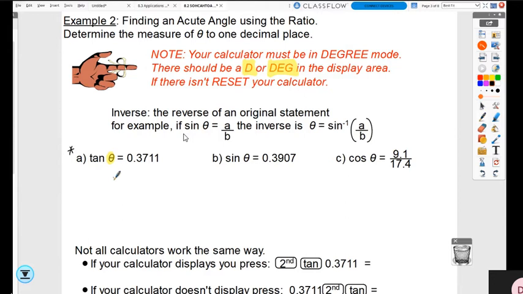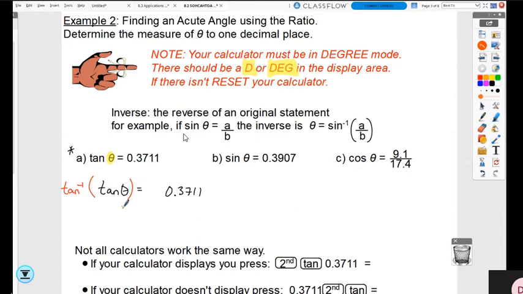If we want to undo tan, just like you know how we undo addition by subtracting, we undo multiplication by dividing, right? If we wanted to undo tan, what we would do is the tan inverse. So it looks something like this. We have tan theta equals 0.3711. And if we want to get rid of that tan, on one side of the equation, we're going to do the tan inverse of this side, which is a little strange.